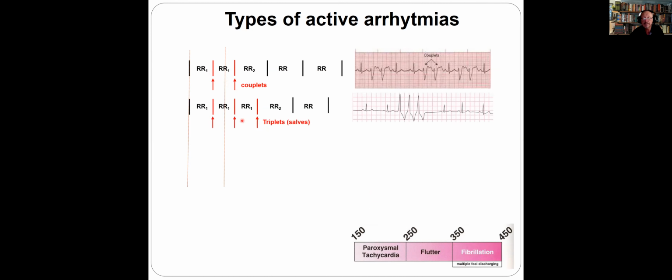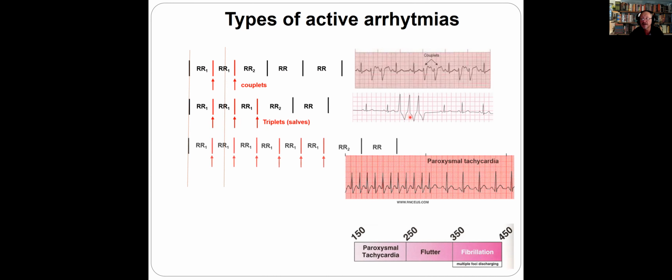We can have triplets or salvos. As you see here, the rate is starting to be faster. And if you do have more than 3 premature beats in a row that start suddenly and end suddenly, that is called paroxysmal tachycardia, because an active arrhythmia is always tachycardia.